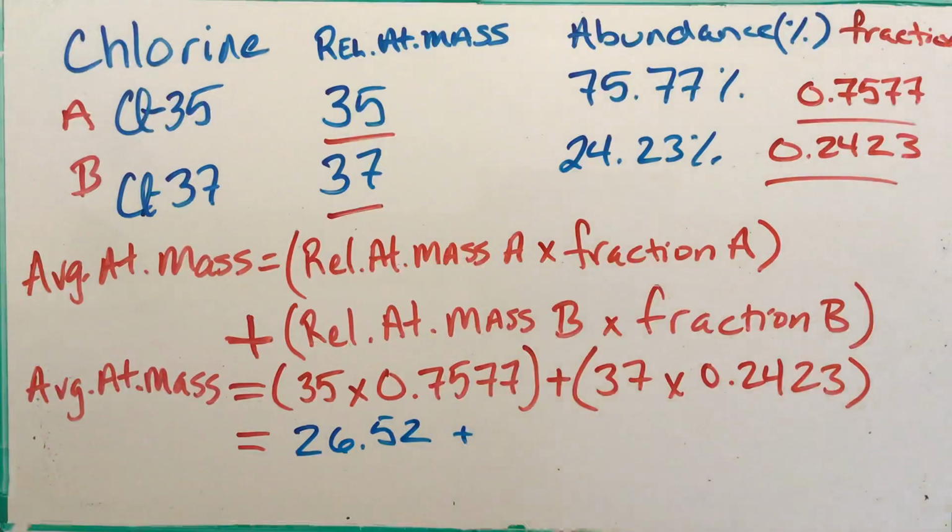Plus our second bracket, I will do that as well. 37 times 0.2423 equals 8.97.